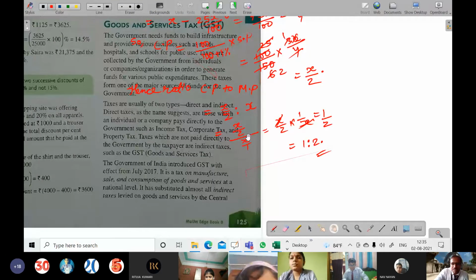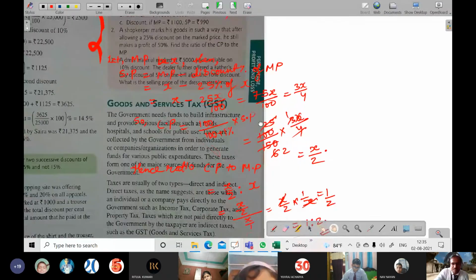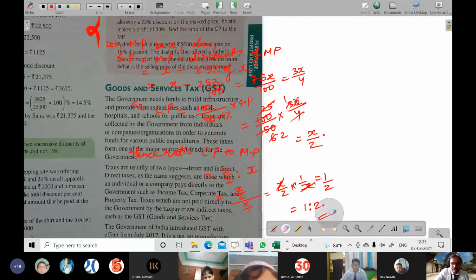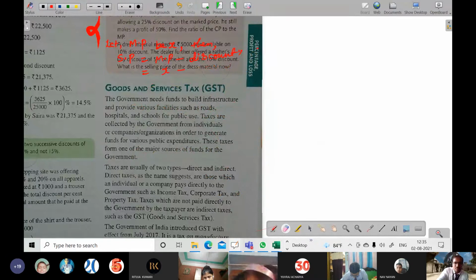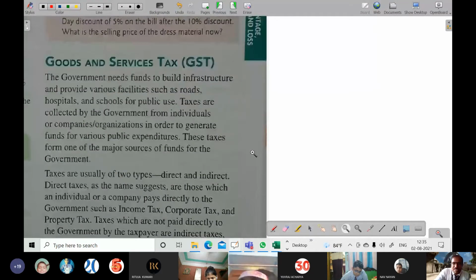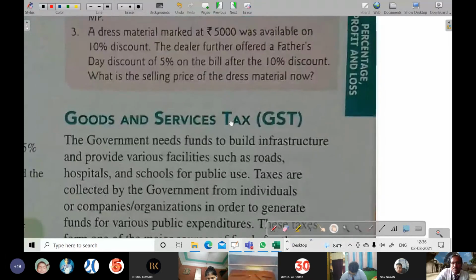Okay, question number 3. What is there in question number 3? Okay, so I'm rubbing this. If you see question number 3, here it is: a dress material marked at rupees 5,000 was available on 10% discount.